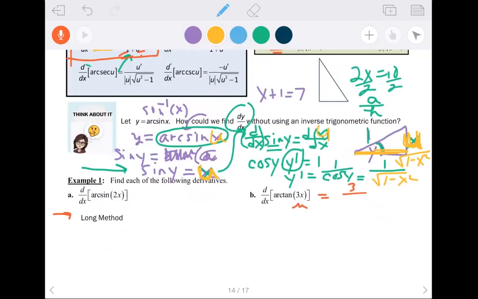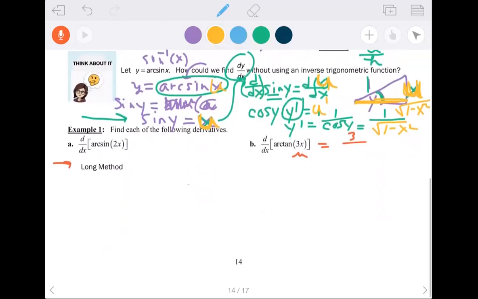This would have been du dx. It's now not 1, it's u prime, right? So it would just change it slightly. So do you need to do this? Definitely not. Do you need to understand it? I hope so. Does it matter if you don't? No, not if you can use the short method.